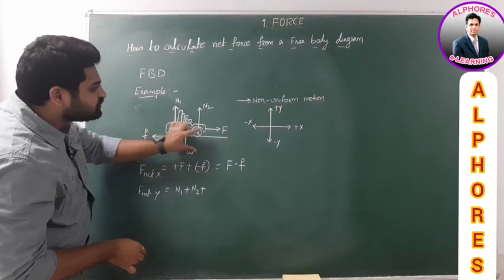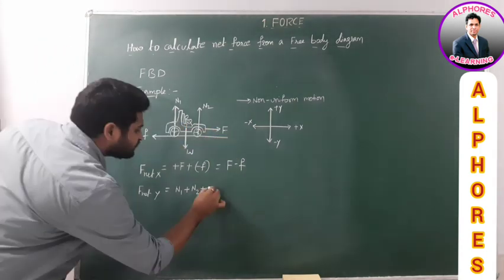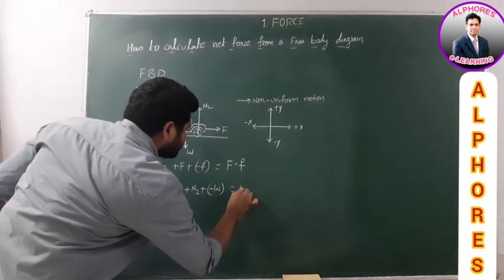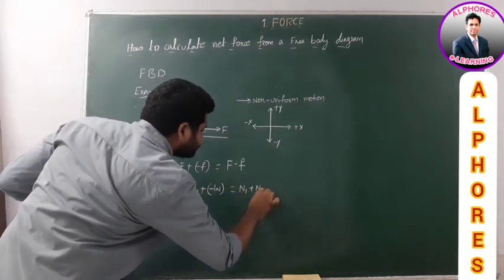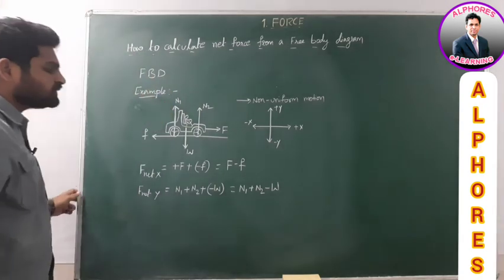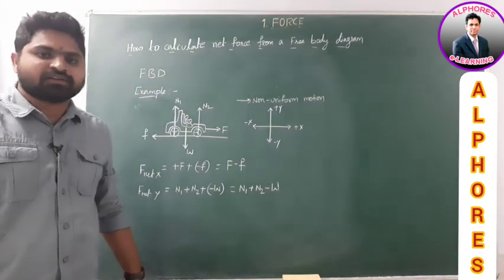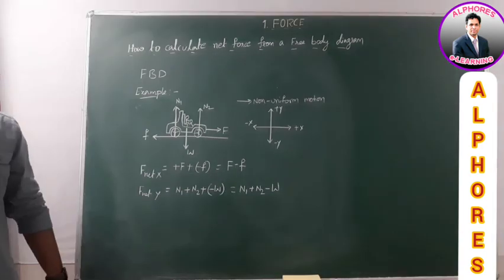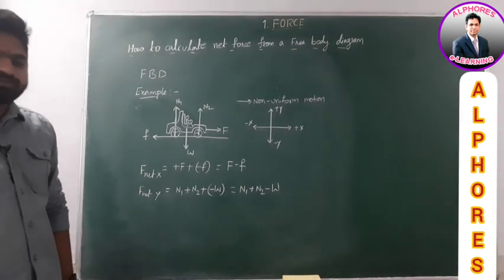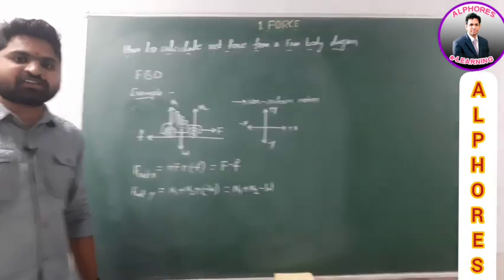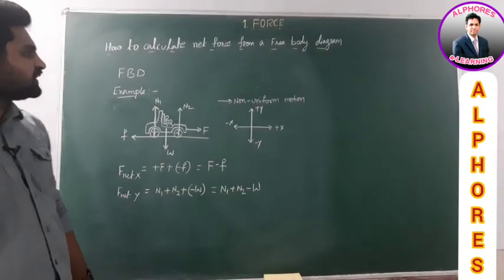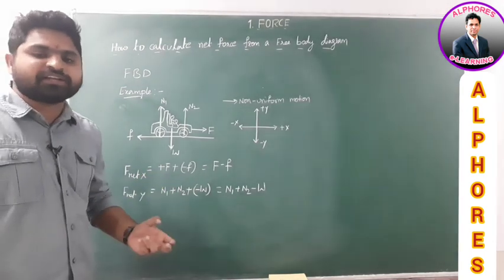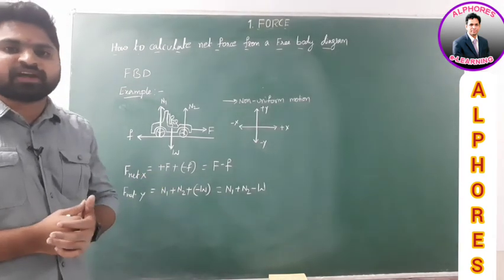W is along negative y-axis, so minus W. Finally it is written as N1 plus N2 minus W. This is the net force along vertical direction. I hope you understand this. With the help of the free body diagram, we calculated the net force along horizontal direction and vertical direction.